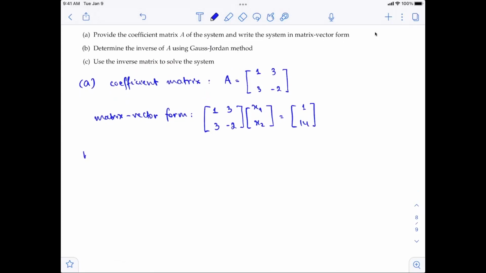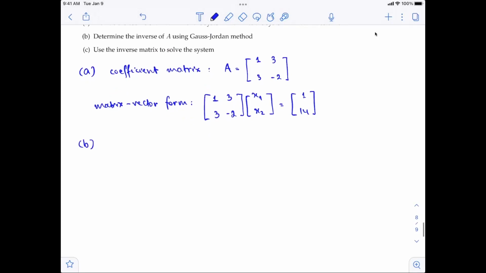Now part B, we're going to determine the inverse of A using the Gauss-Jordan method. And of course, either you can do this by hand or you can use Python to help you with the calculations. So let me set up the matrix here.